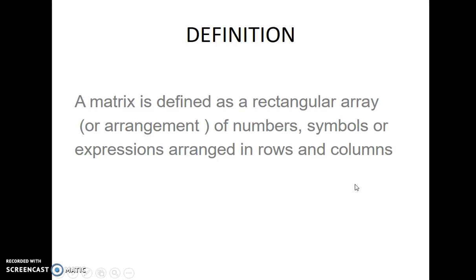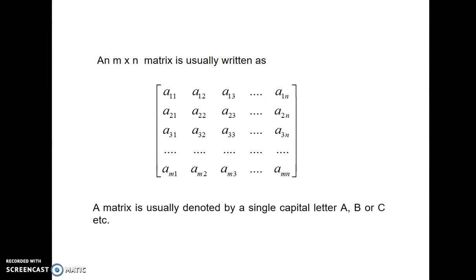Okay, now let's see the formal definition of a matrix. A matrix is defined as a rectangular array or arrangement of numbers, symbols or expressions arranged in rows and columns.